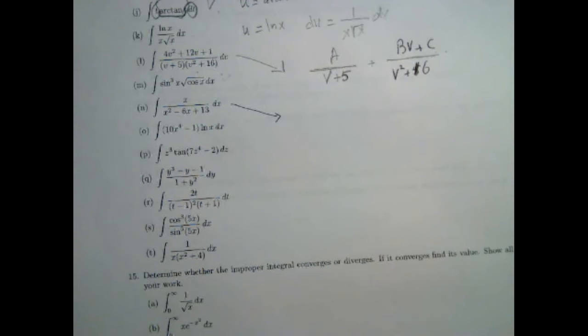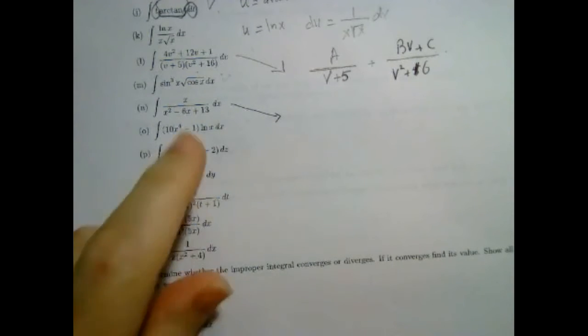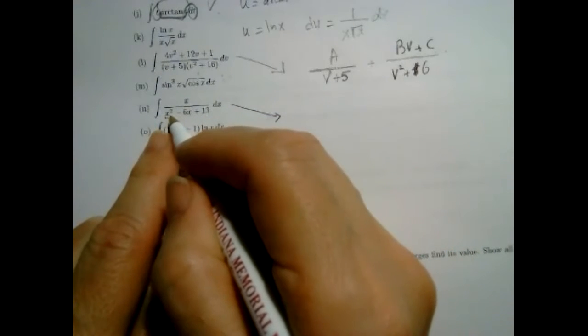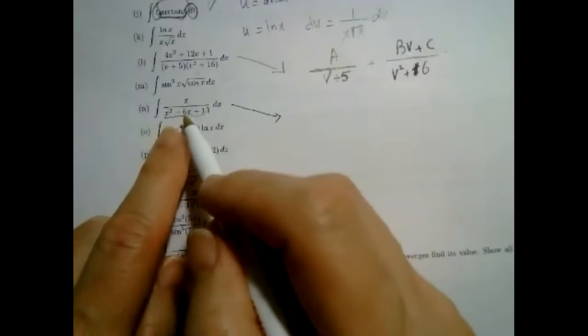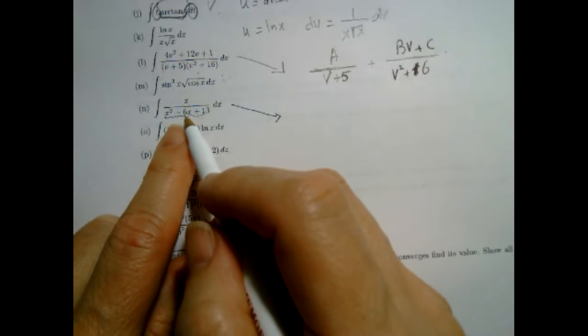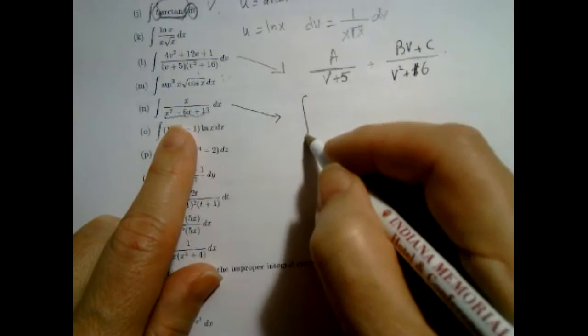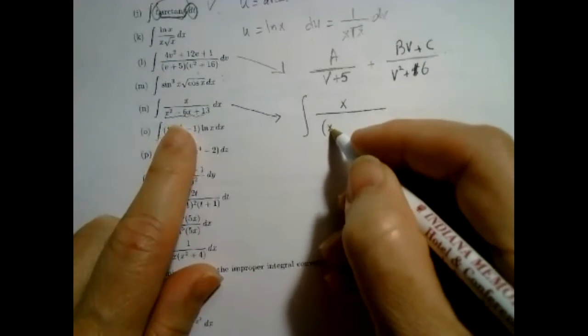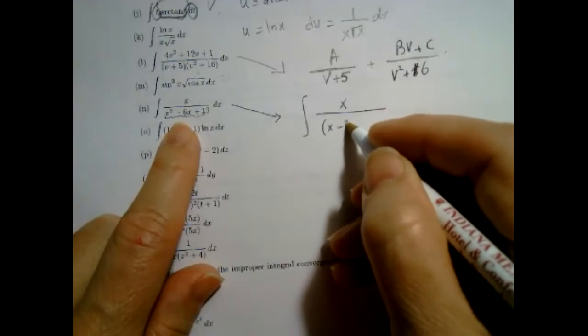Wouldn't you find the square for the bottom part? Wait, which one are you talking about? Oh yeah, right, this one. First we factor. If we cannot factor, we complete the square. This is something you will not be able to factor, so you will complete the square of that term, which is going to give you x minus 3 squared.